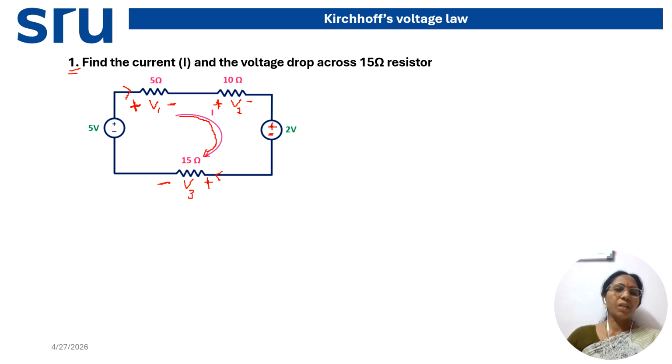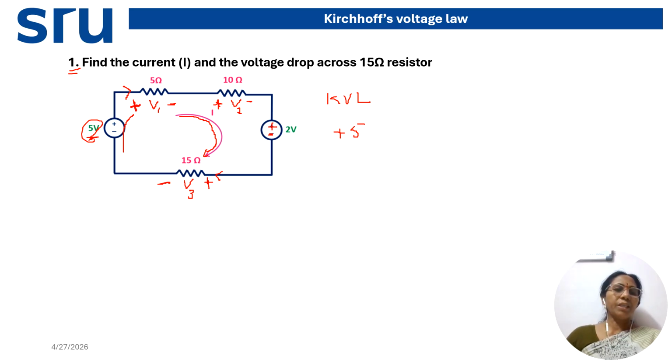Now here I am applying the KVL. Now see the KVL application. What is our first element? 5 volts. So this 5 volt in our direction we are crossing from minus to plus. So minus to plus means plus 5.